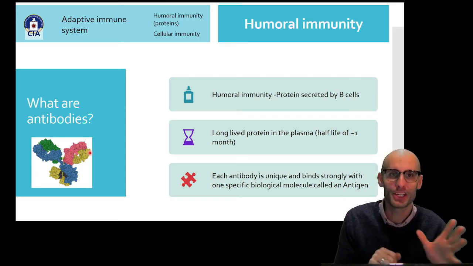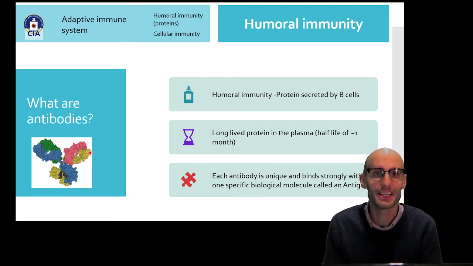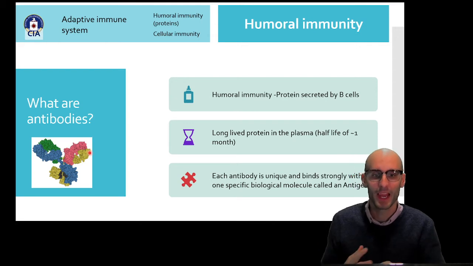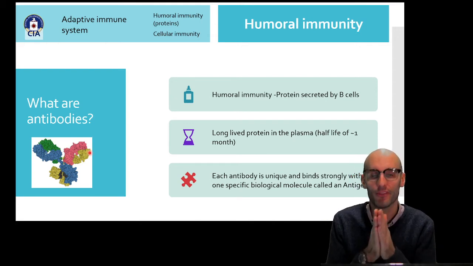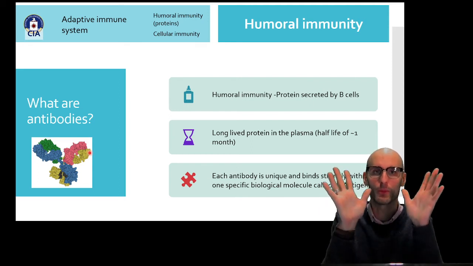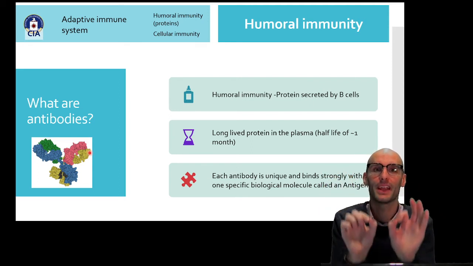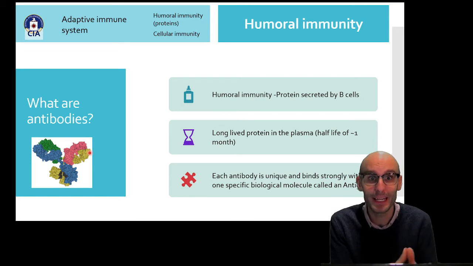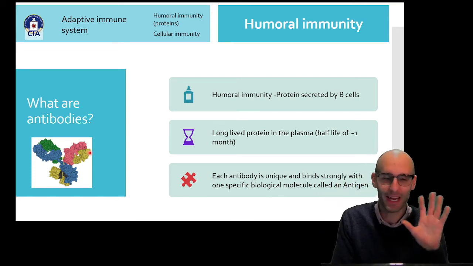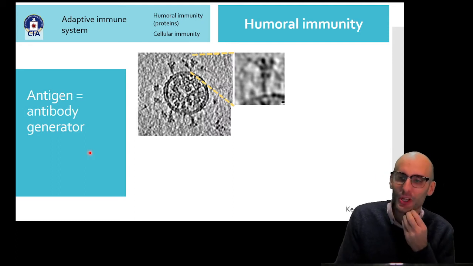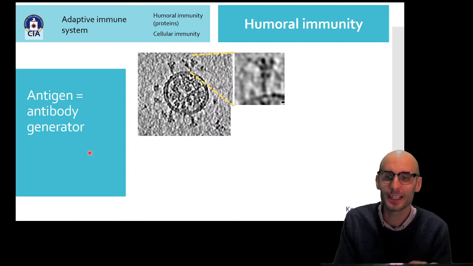If you inject an antigen into something, it will create antibodies for that antigen. So each B cell typically only produces one kind of antibody, and that specific type of antibody that's unique to that one B cell will bind to one pathogen, which is crazy. So let's have a look at an example of an antigen, an antibody generator.